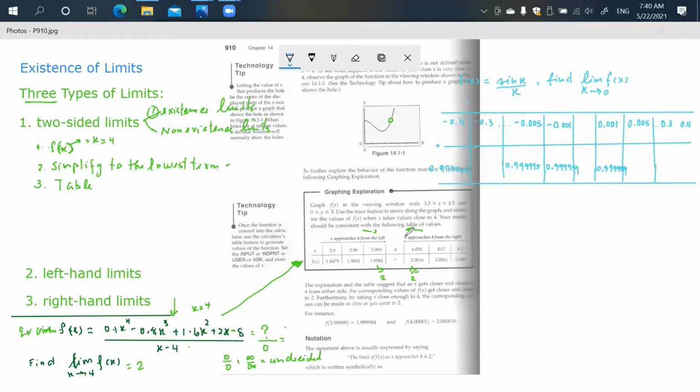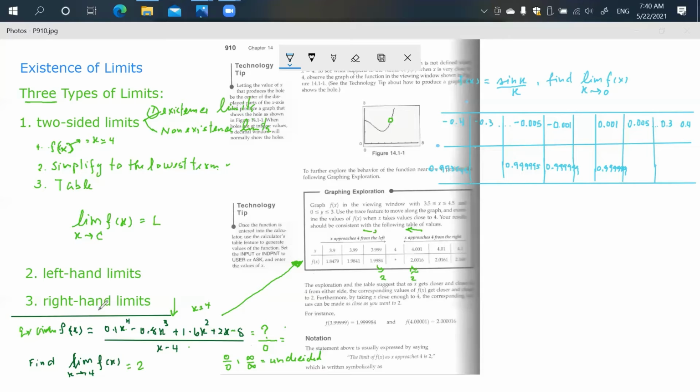Okay, this is x approaching the value. Don't forget the formula, limit f of x, right? The informal definition of limit.